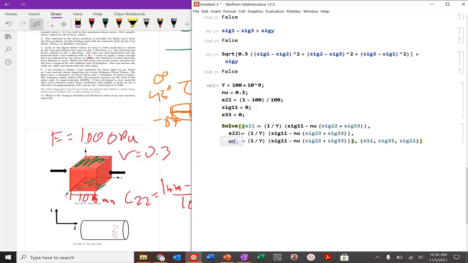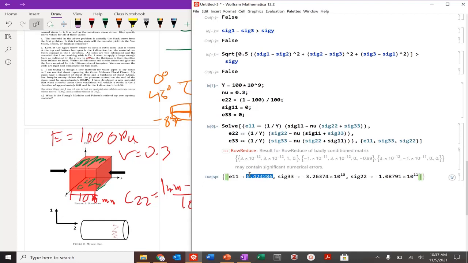So this is E22, this is E33, this is sigma 22, this is sigma 11, and this is sigma 33.